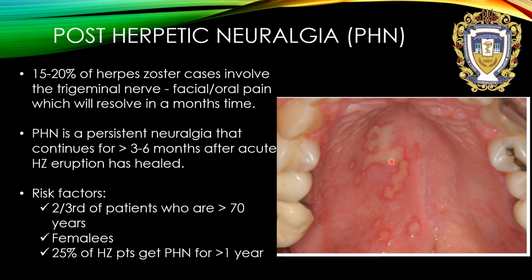Risk factors for herpes zoster: more than 65% of patients are older than 70 years. Females more often than males. And 25% of herpes zoster patients get postherpetic neuralgia for more than 1 year.